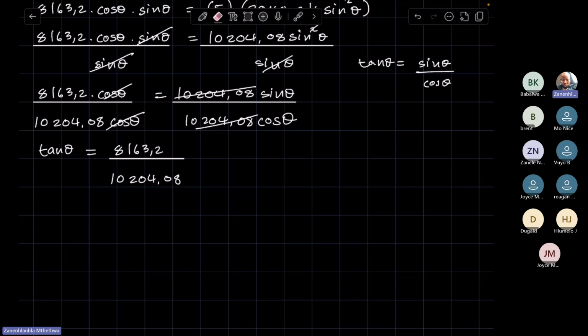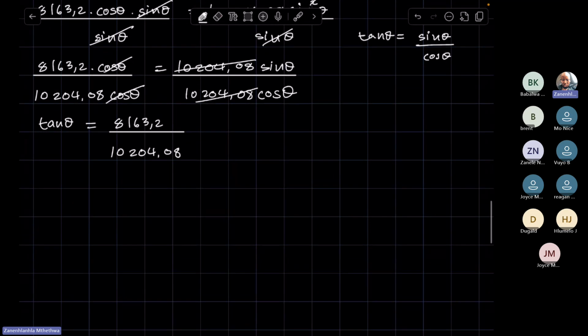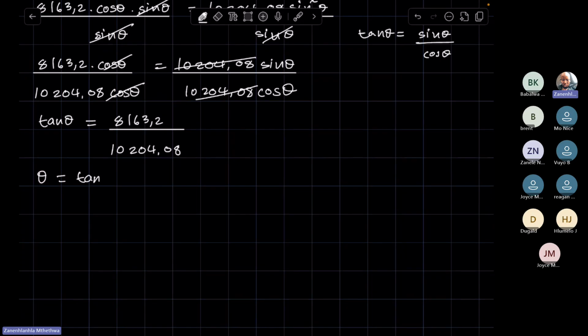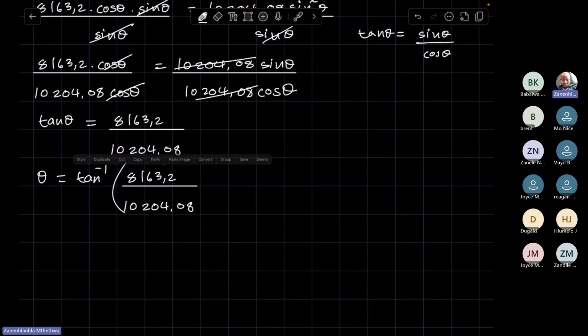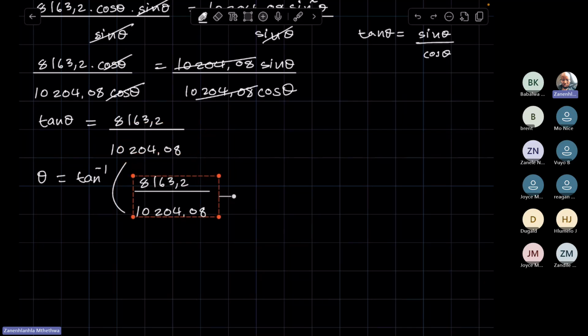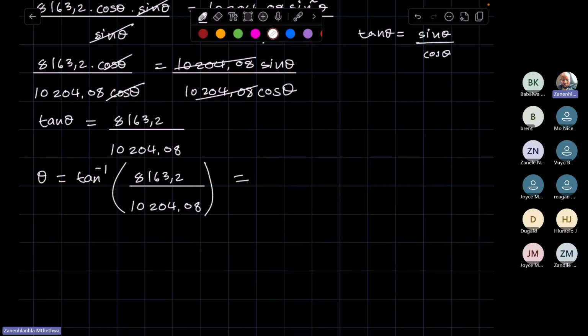Yeah. And then to get theta, we have to calculate arctan of this. And then arctan of H163,2 over 10204,08 is 38,66 degrees.